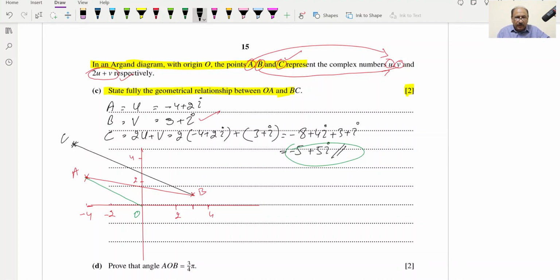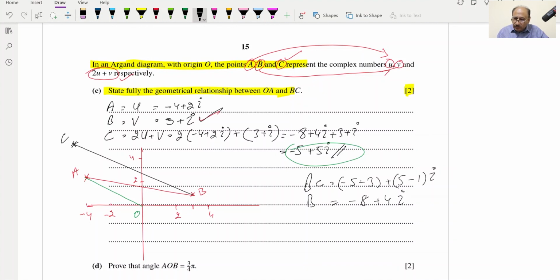Now to find the relationship we can write BC. BC will be what? C minus B. So C is -5 plus 5 iota, minus 3 for B, minus 5 minus 3, and plus 5 minus 1 iota. So BC is -8 plus 4 iota.